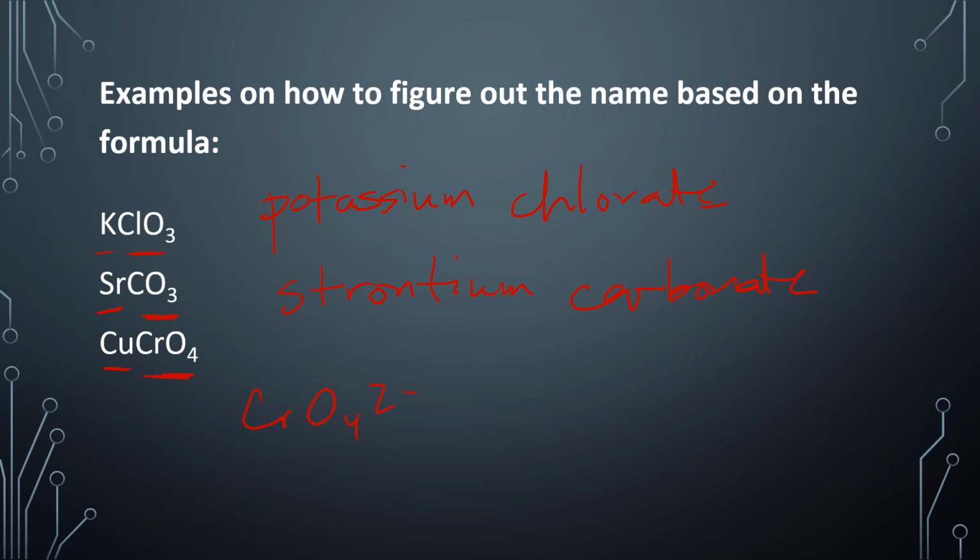So you'll notice that this 4 comes from the CrO4. So its oxidation number is 2-. Copper, if this 2 is here and it would cross down to this spot, and there's no other number here, this 4 is from the O, from the chromate, so it's Cu2+. That means that this is originally copper 2 chromate.